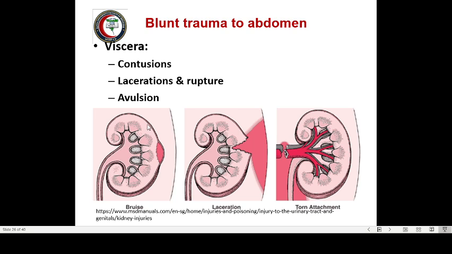In this case, rotation of the pedicle occurs, so the twisting of the pedicle and the separation of the organ from its pedicle. Here we have a picture which explains clearly the difference between contusion in an organ, laceration, and avulsion. We can say that avulsion is tearing of the attachment of the pedicle to the organ.